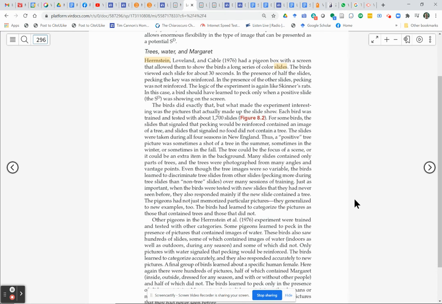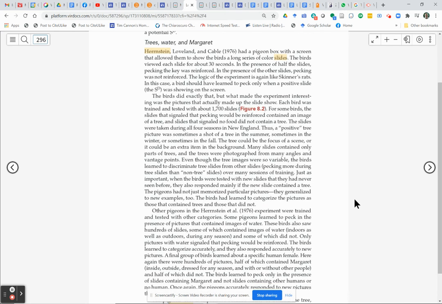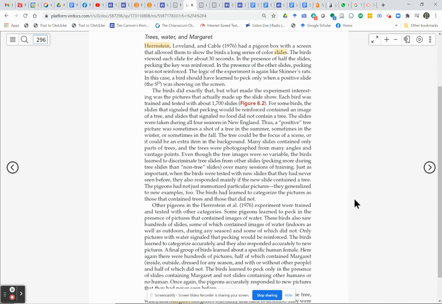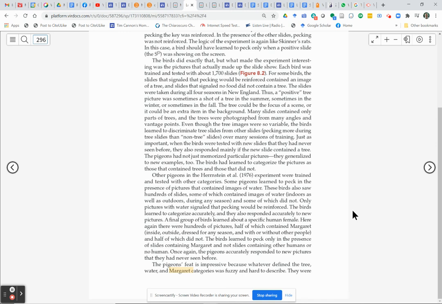And to save money, when I was in grad school, I didn't print things. I saved them as slides. And I would bore the heck out of you by showing you my slide collection. And so I can imagine Herrnstein having zillions of slides and of different categories.